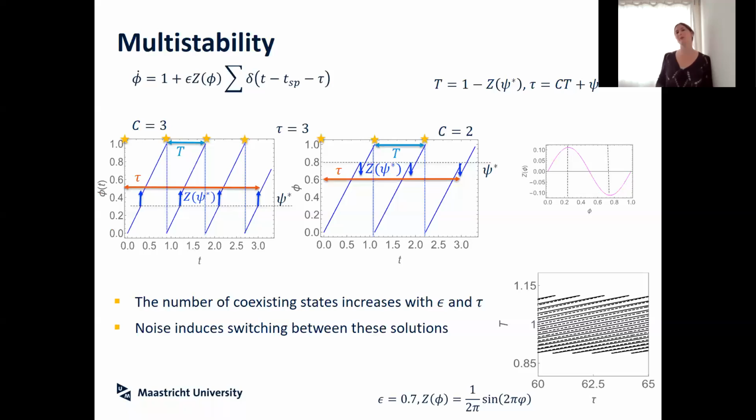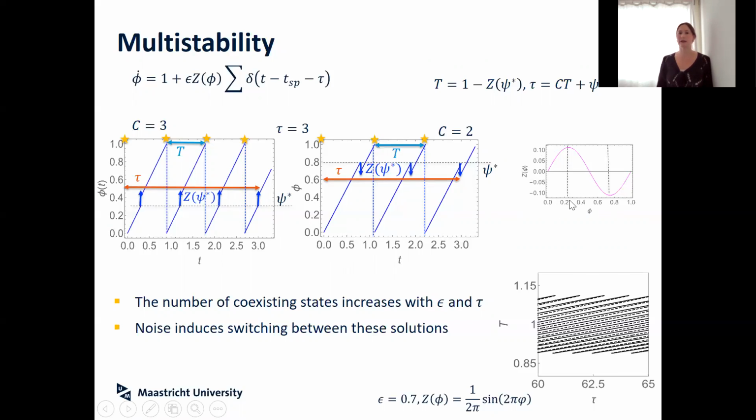Now, typically those multiple solutions coexist. For example, this is here for a delay time of 3 and a phase response curve that is a sine curve, we have coexisting solutions with a capacity of 3 and a capacity of 2.